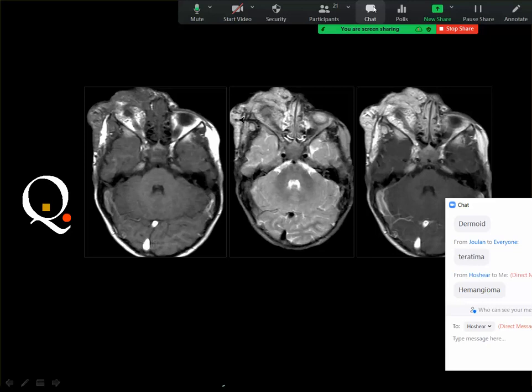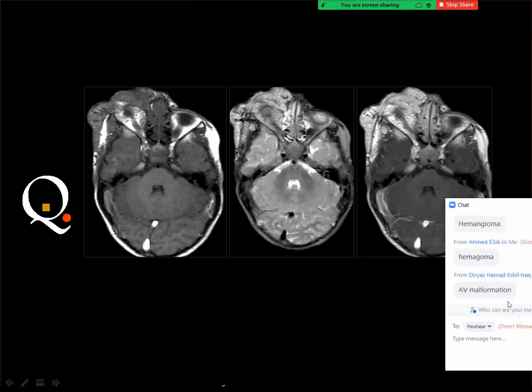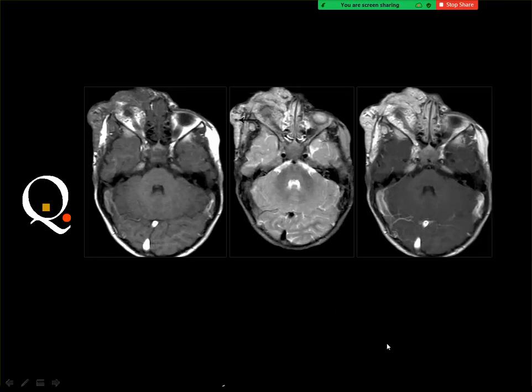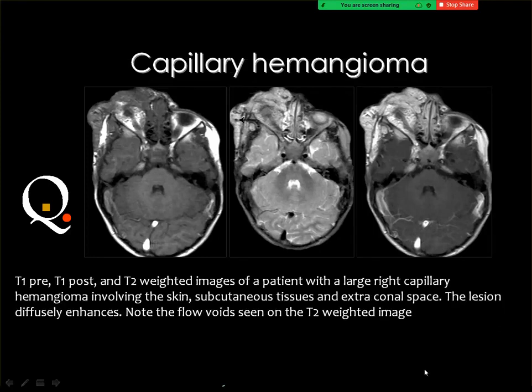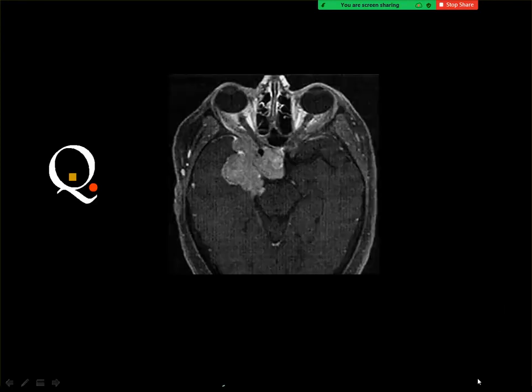And the answer is hemangioma. Yes, this is right. Because if you look carefully, you see this arrow which points to what looks like a phlebolith. This is a hemangioma or venous malformation, as I have mentioned before.